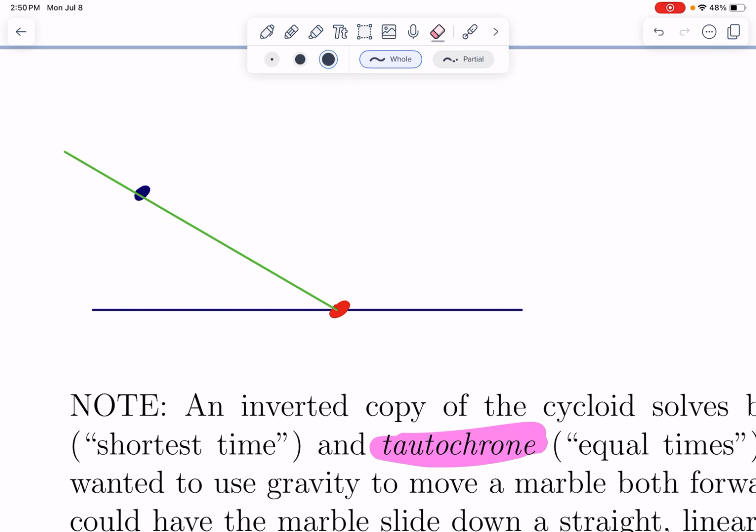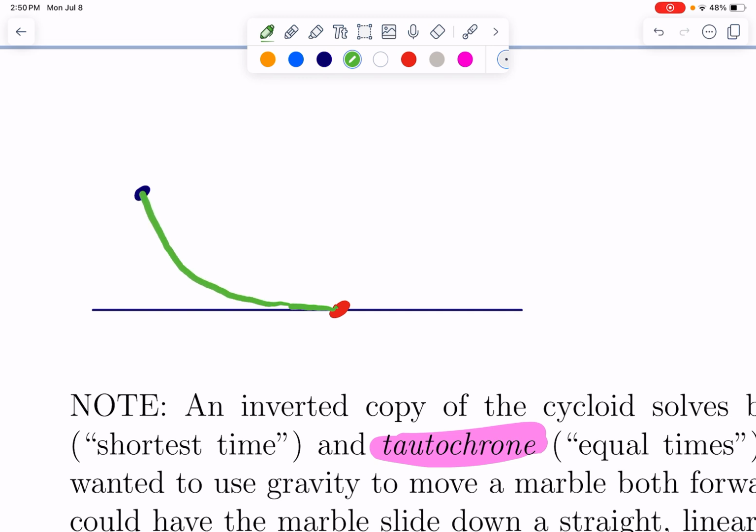It turns out that the most efficient path, if we want to minimize time, will be a curve that looks something like so. It's a little bit longer than the diagonal. And what will happen is the marble, because originally it's going almost straight down, gets a lot of benefit from gravity and will accelerate very quickly, which will allow it to go fast when it turns around.